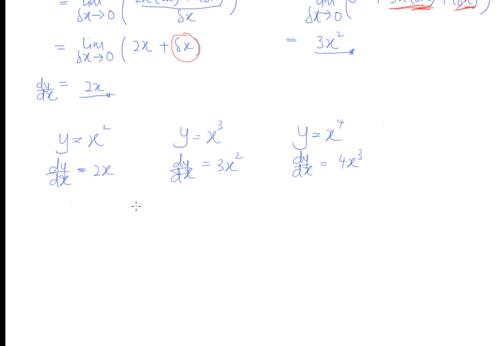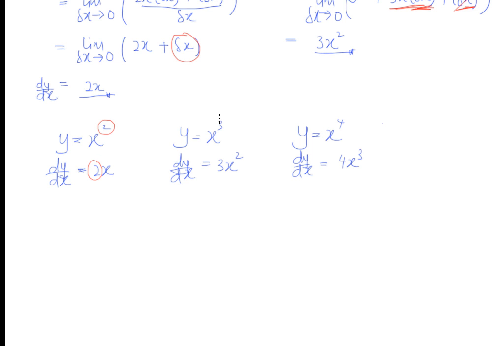I want you to see that there is a very useful pattern that we can actually discover from here, and therefore we can use this idea to differentiate x to the power 5 and x to the power 50 for that matter. There is always a link between the power and the coefficient.